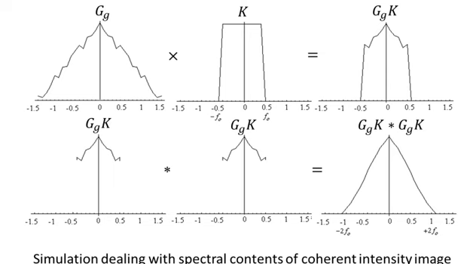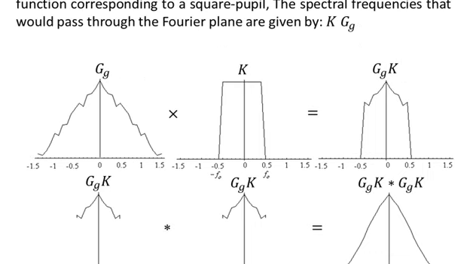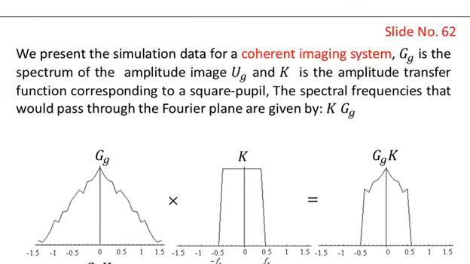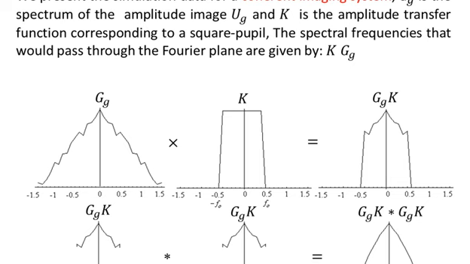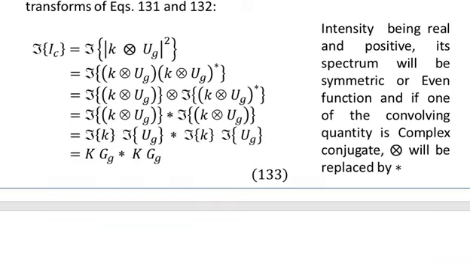And that curve corresponds to the autocorrelation of GK with GK. So this is the simulation dealing with the spectral contents of the coherent intensity image. So you see that we are actually dealing with the spectral contents of the coherent image, and you know that in the last step we have obtained GK autocorrelated with GK, which is the same as we obtained in equation number 133 for the coherent system.